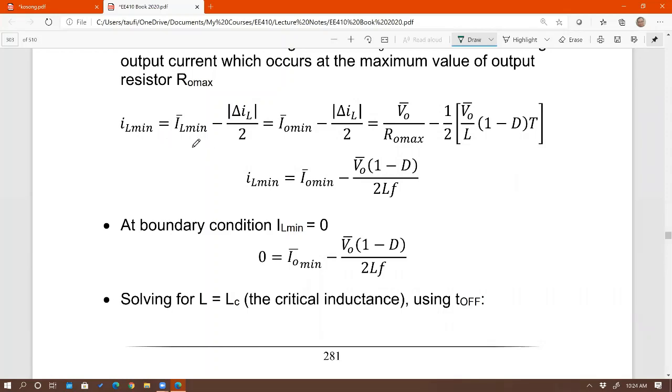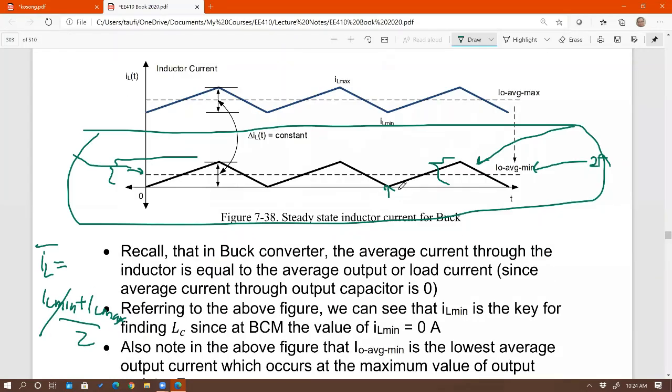Since we are basing it off boundary conduction mode, I know that IL min will be a good boundary condition to look at, because I know for sure that at boundary conduction mode, IL min must equal 0. I don't know what IL max is.